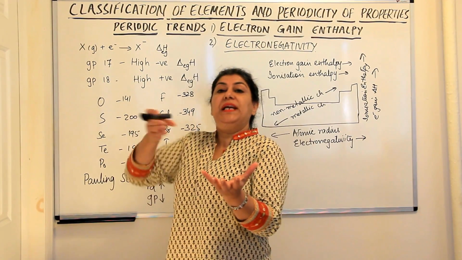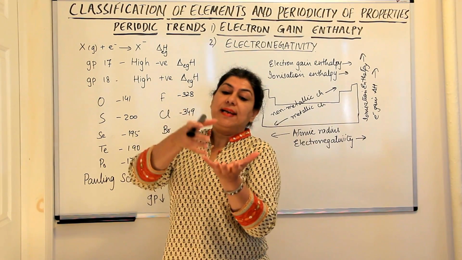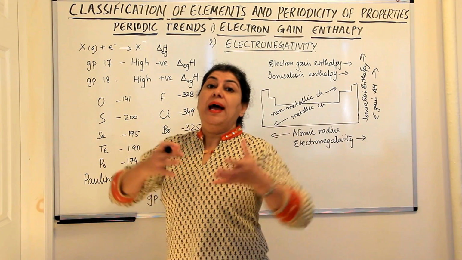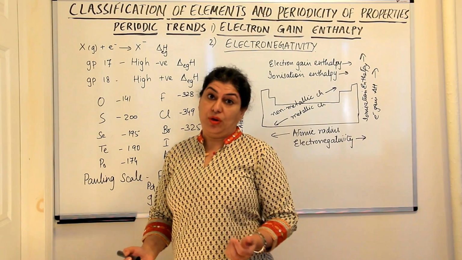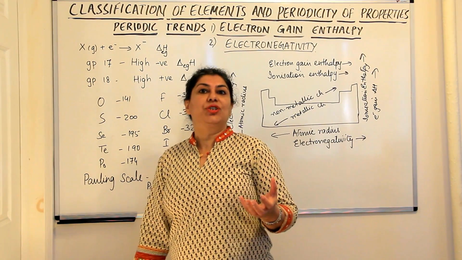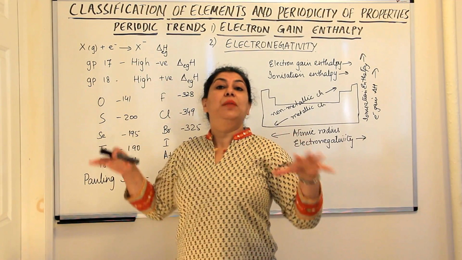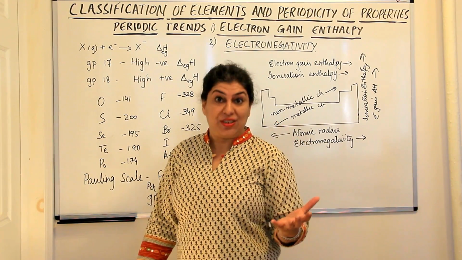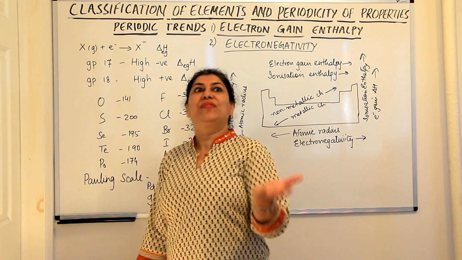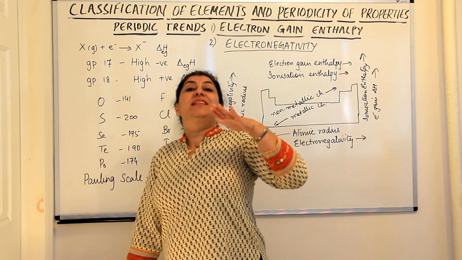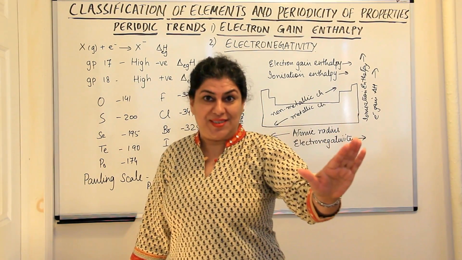But when you push in an electron and that electron adds on to the atom and leads to a stable electronic configuration, in that condition it releases energy, and then the electron gain enthalpy in that case becomes negative, because instead of gaining energy, it is energy that is being released.